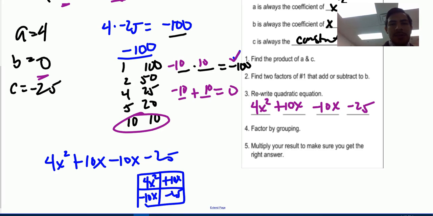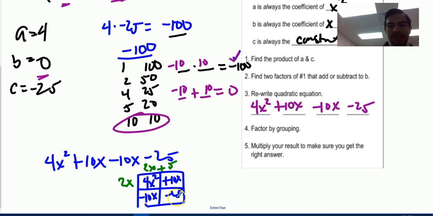What can I take out of the top two? Well, they're both divisible by 2, so I can take a 2 and an x. What's left over when I divide is a 2x here, and a plus 5 because positive 10 divided by 2 is a positive 5. And an x divided by an x is nothing.